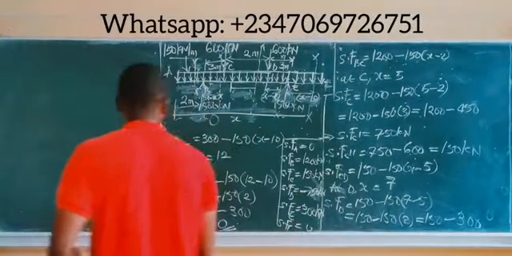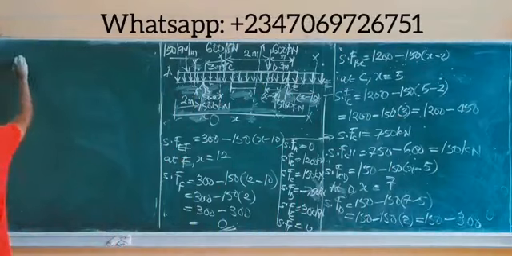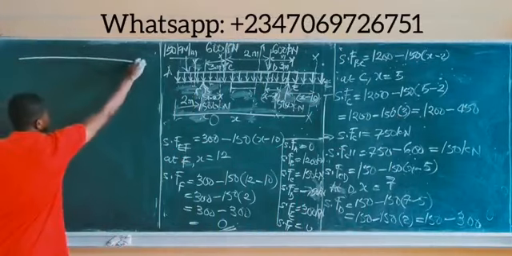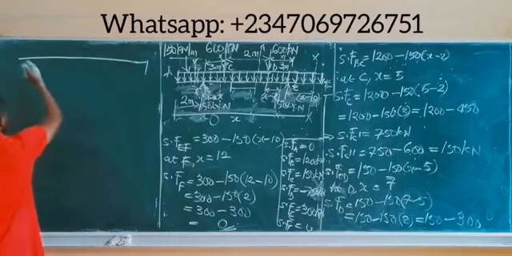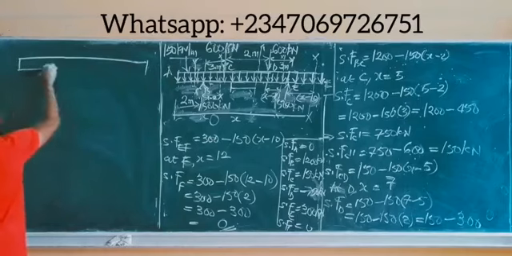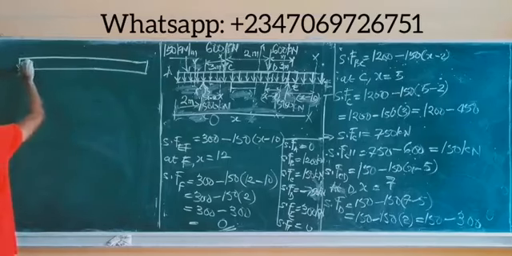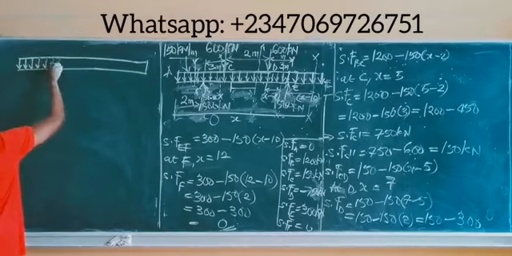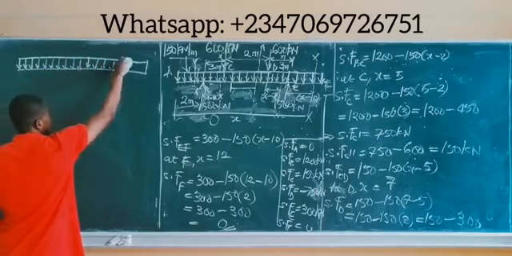Alright, so to plot the diagram, we still bring back the beam. So we'll get back the beam the way it is.